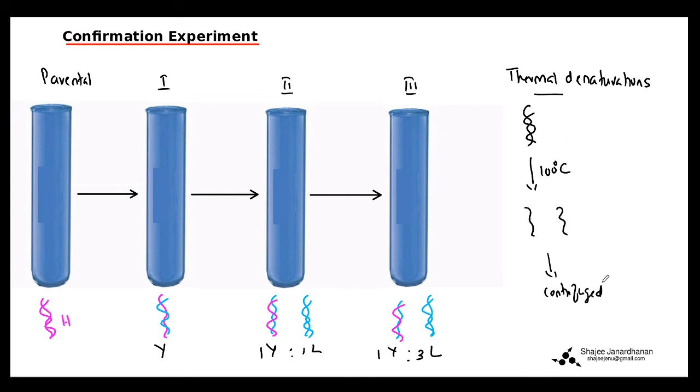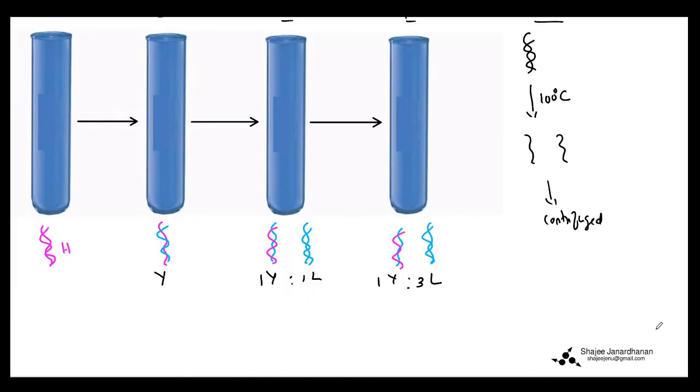So here, before doing the isopycnic separation, you first denature the DNA by heating it, so that the strands of the DNA separate into two single strands, and then you do the isopycnic separation. What will be the observation for this experiment? If you look at the parental generation, which is the first tube, the parental DNA is heavy DNA.